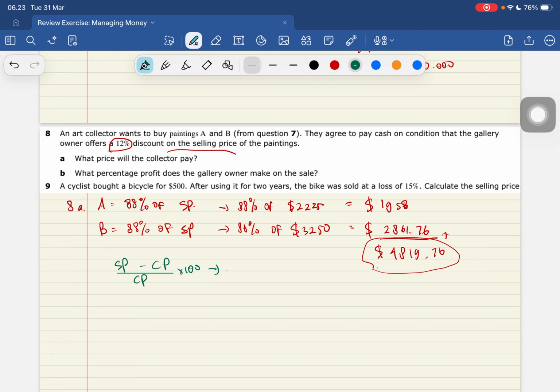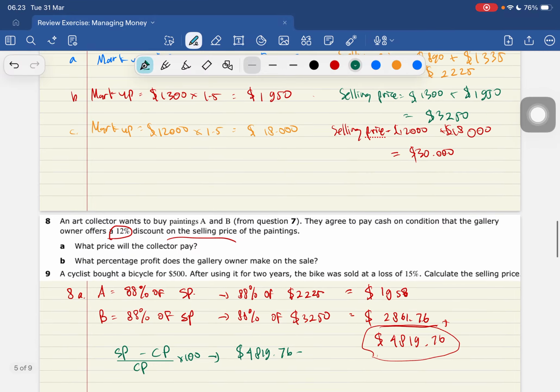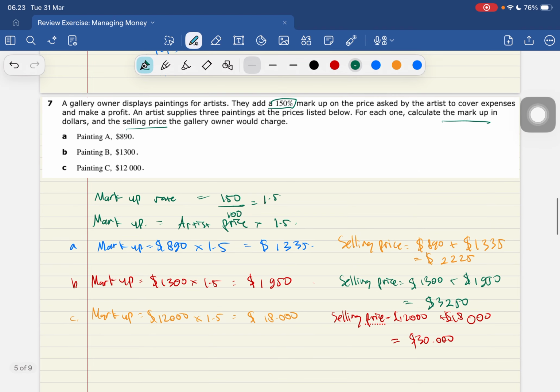So the selling price is 4,819.76 minus the cost price. Here we add 890 with 1,300. So you get 2,190.